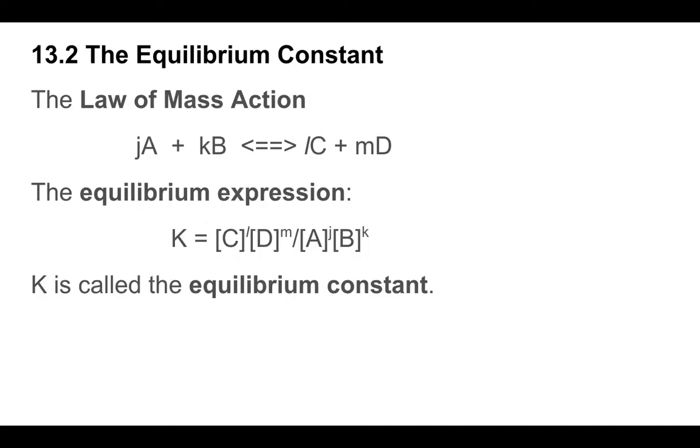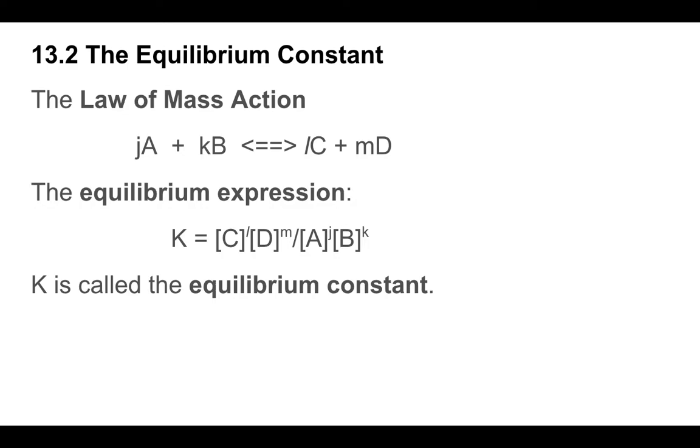All right, we're going to start getting into the algebra of equilibrium. And so this is your first exposure to the equilibrium constant, capital K. This is based on some experiments that were done on equilibrium systems. They noticed that there is this law of mass action.